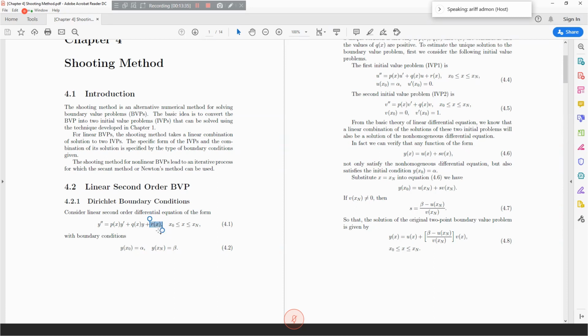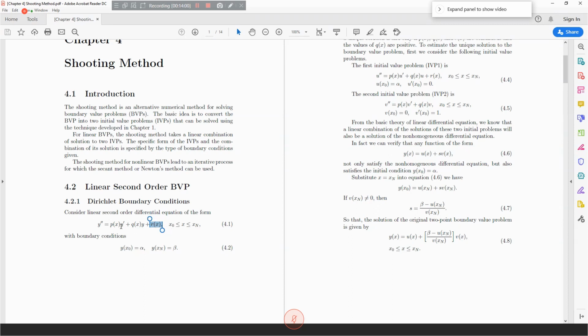If R of x is not equal to 0, for example plus 2, or maybe plus sine x, then we have a non-homogeneous linear differential equation. So this is regarding the equation.